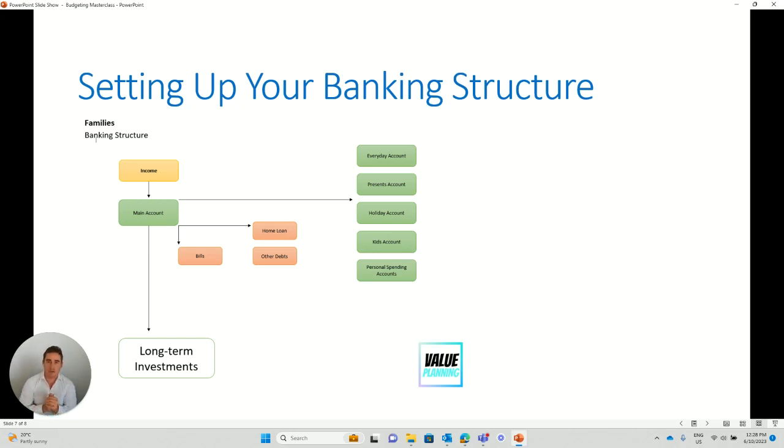You're not going to be able to do this for everything. For car registration, things like that, those are yearly amounts. The amounts for those are going to be stored in your main account, so that main account will build up some balance each year.